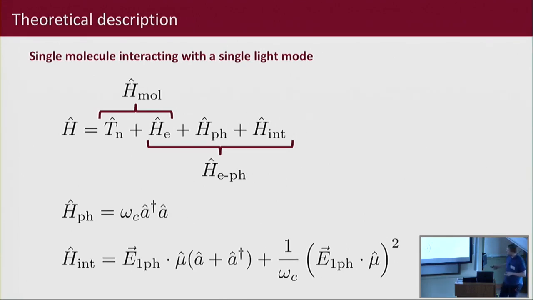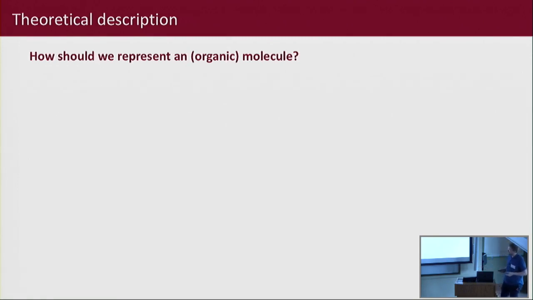This depends on the gauge. If you go to the other gauge, you get A squared, which is only the field, but it includes the dipole moment of the molecule. In this case, you get the dipole operator, and this can make significant changes, also on the ground state, I should mention, not just on excited states.